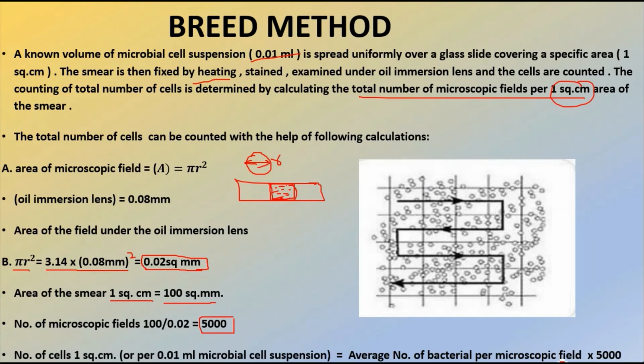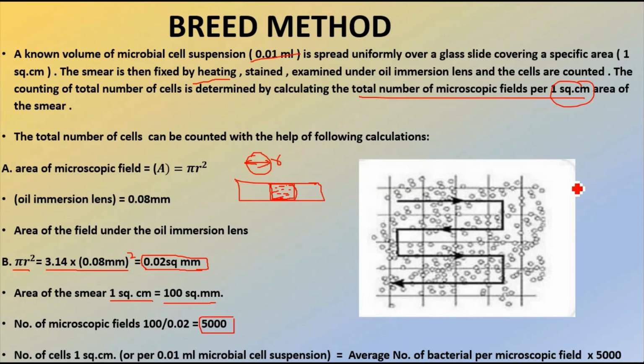For example, in the first field you got 50, in the second field you got 20. You have to add all the bacterial cells in the different field views, and then take the average of it.